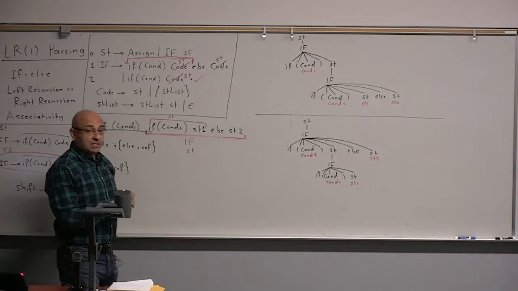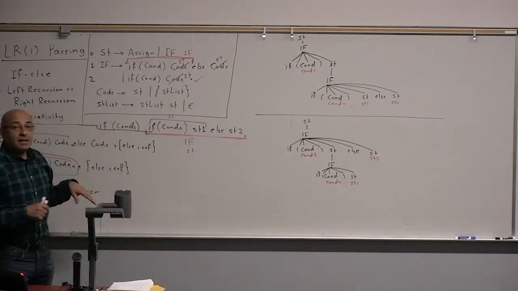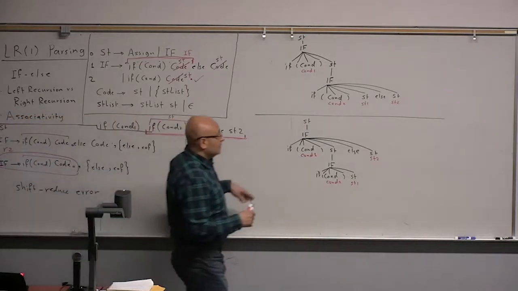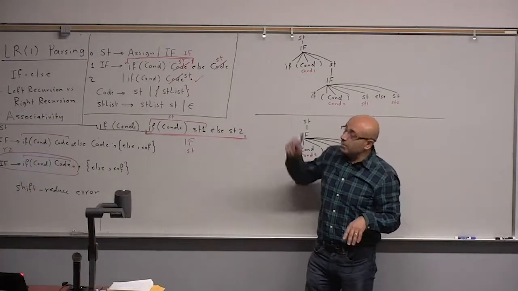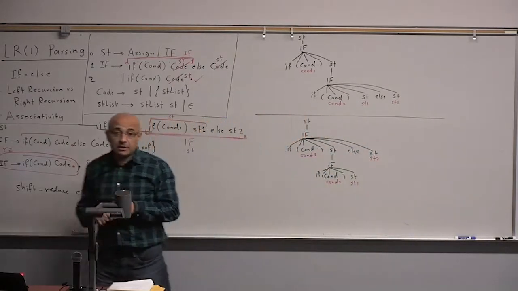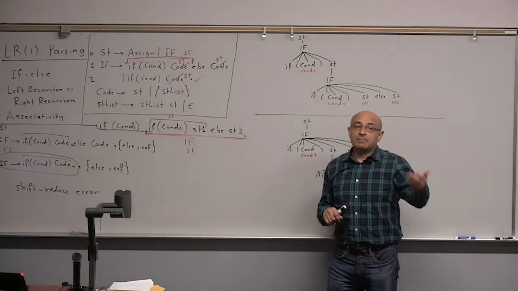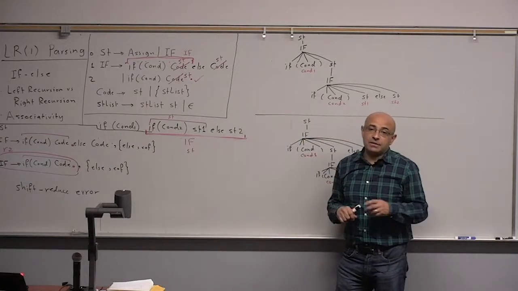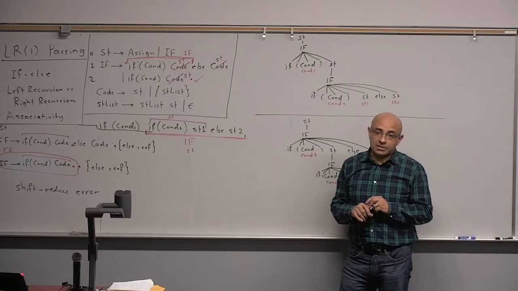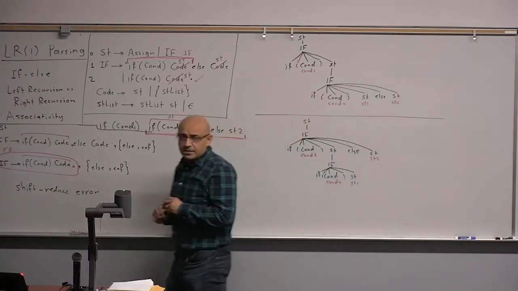So you will be using a parser generator program. You will be using Bison to generate a parser. And when you write a grammar for an if-else, it will tell you that there is a shift-reduce error. The default is to resolve the conflict in favor of a shift, to do a shift rather than a reduce. Okay, so this is the default behavior. In fact, I think if you disable warnings, it's not going to give you a warning.